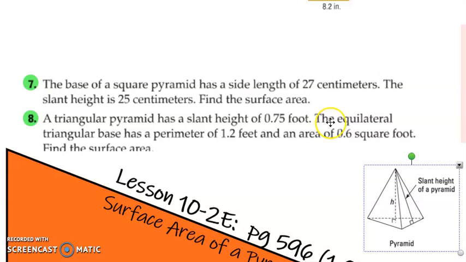Okay. And then it's got an equilateral triangle base with a perimeter of 1.2 feet. So it's got the calculation for you, 1.2 feet all the way around. And an area of 0.6 square feet. So it's got the area of the base for you too.